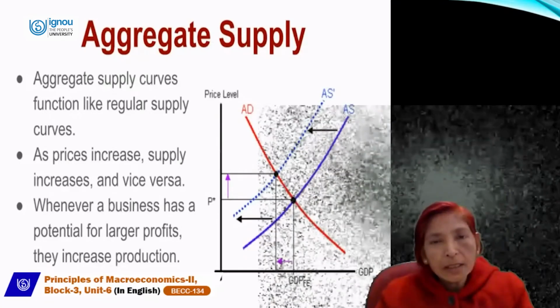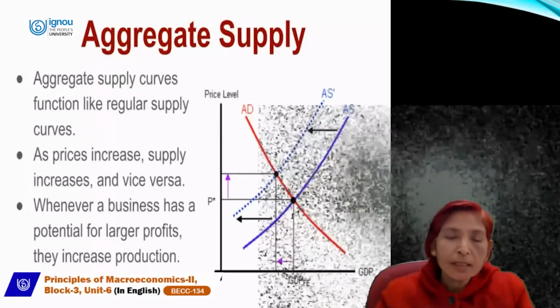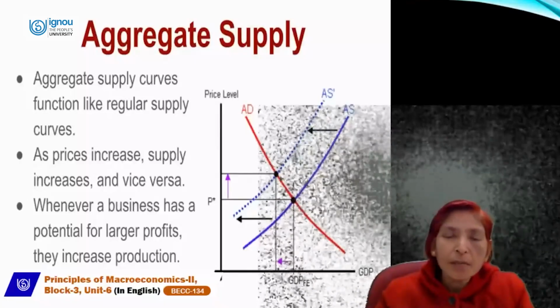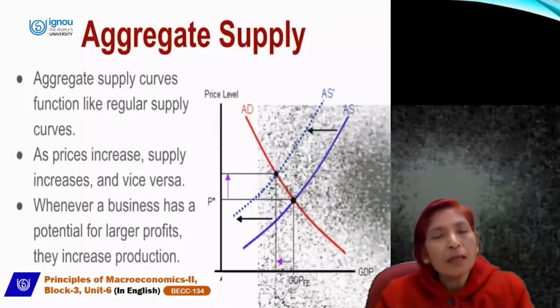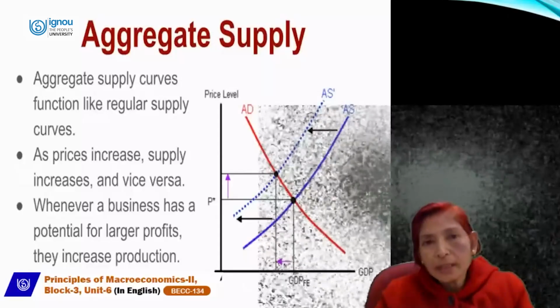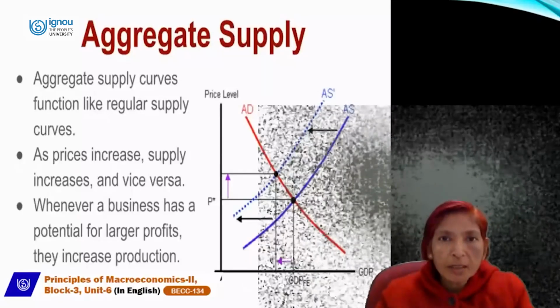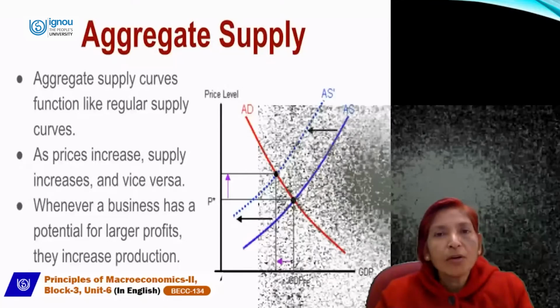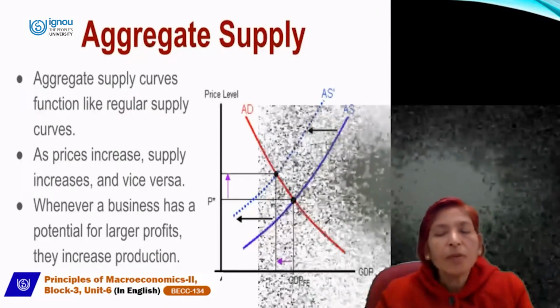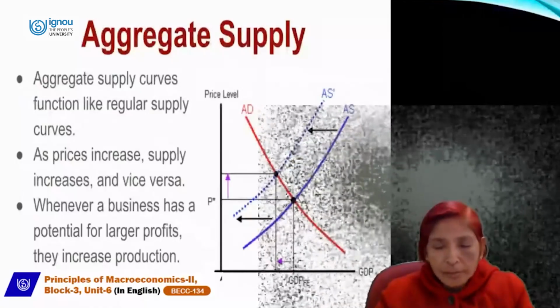So aggregate supply can shift either to the right-hand side or left-hand side, the same as aggregate demand. If there is a shift in aggregate demand, it will be called demand shocks, and if there is a shift in aggregate supply, it will be called supply shocks.